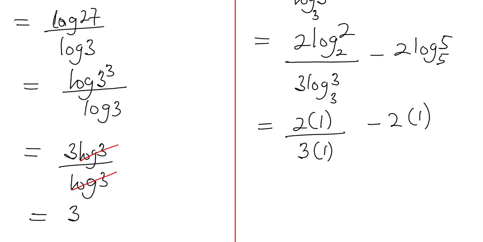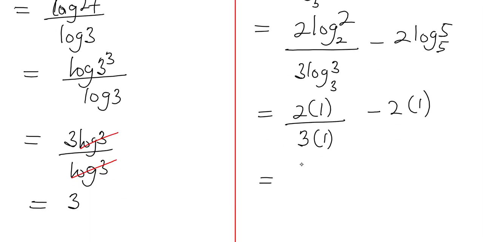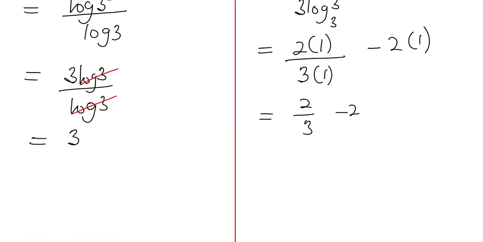Now at this point, we have our final answer as 2 divided by 3 minus 2. And when we simplify that, we are going to have our final answer as negative 4 out of 3. And this is how we can simplify this question.